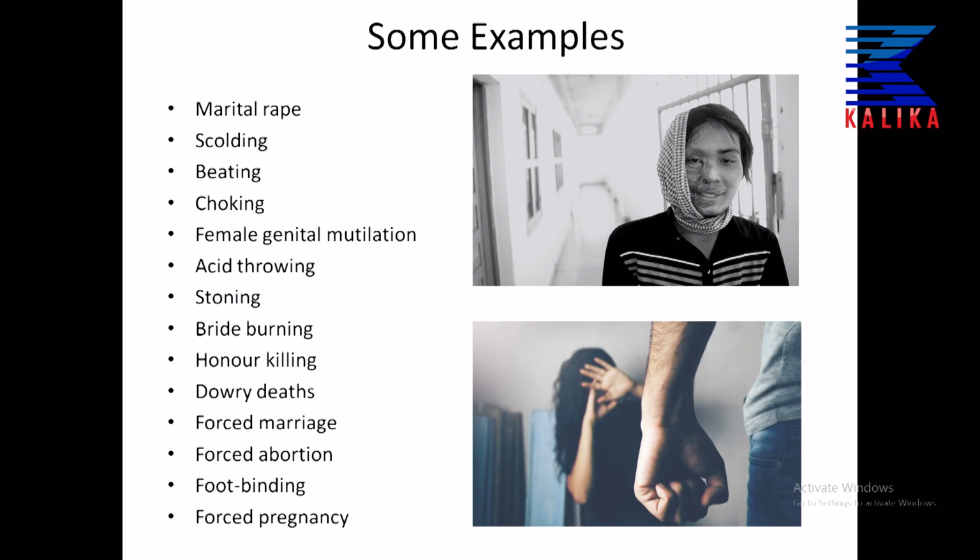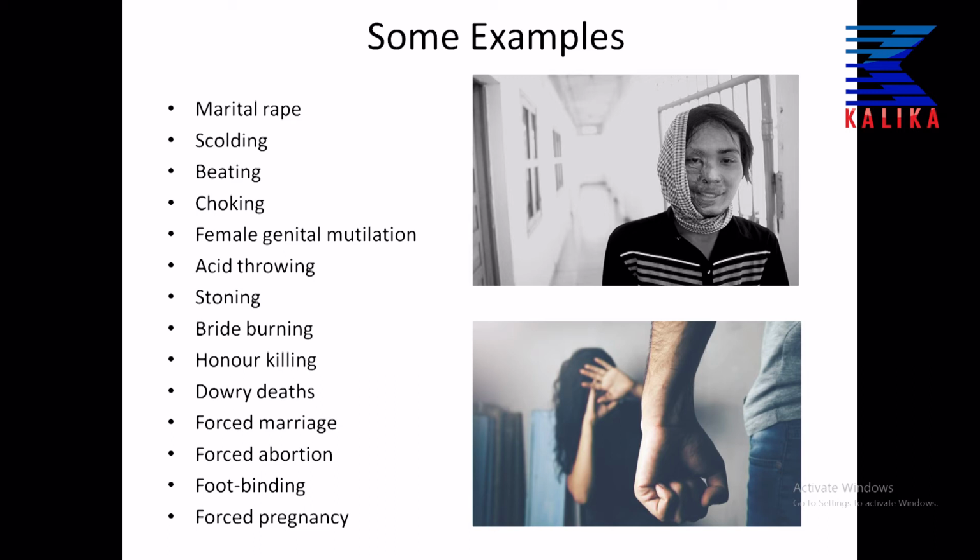What is mostly found domestic violence in the society? First one I have written here, marital rape. Having a sexual relationship without consent or approval of the female wife can be understood as marital rape.